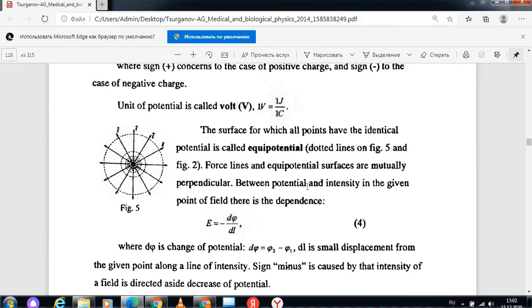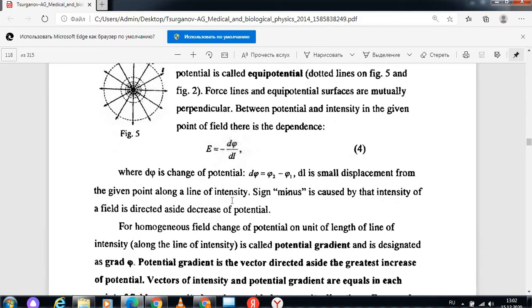The sign minus here in this formula number 4 is caused by the fact that the intensity of the field is directed toward the decrease of potential. Because the potential always decreases in the direction of the intensity.